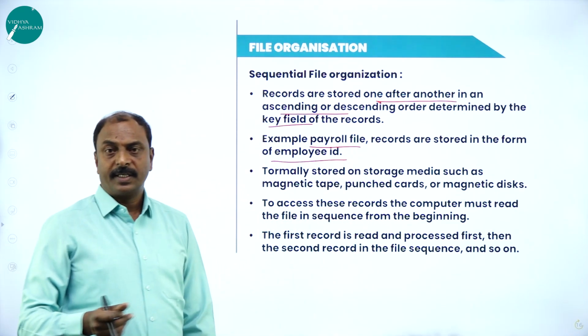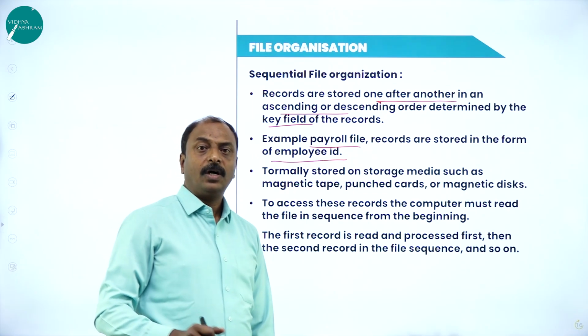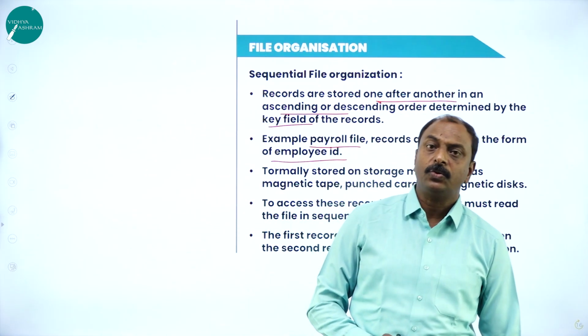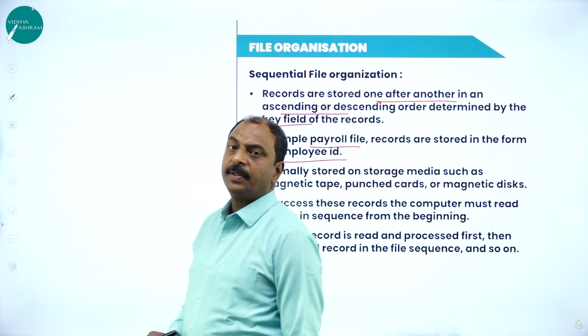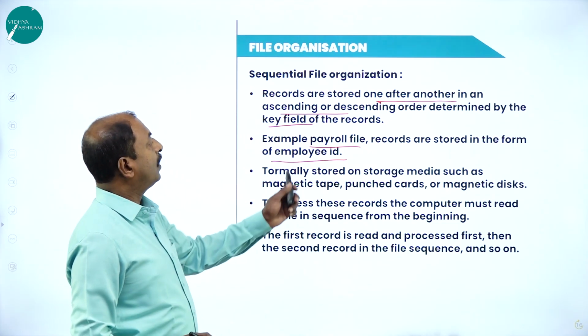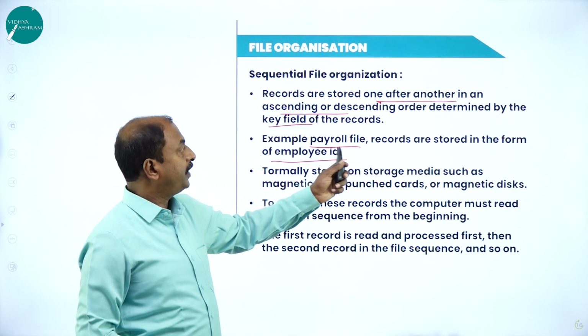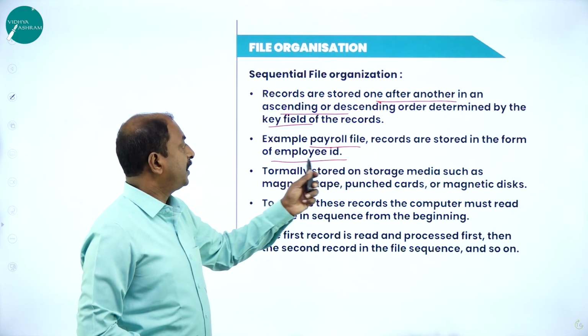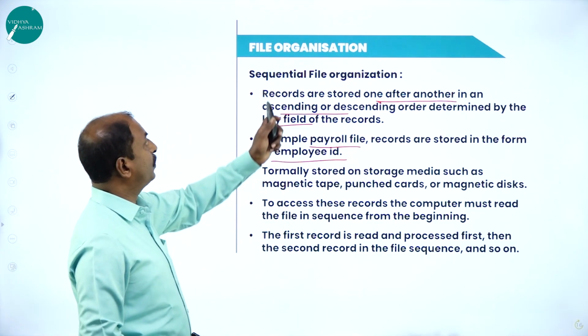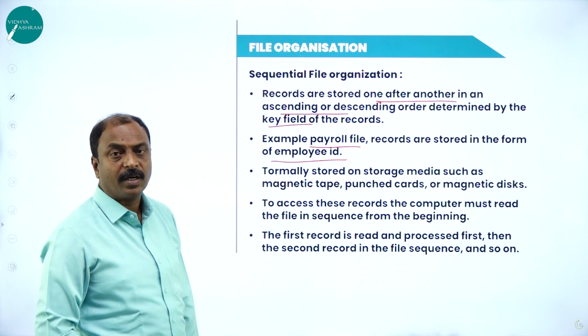In any organization, all the data are identified with a particular ID, that is, the employee ID. So in a payroll system all files are stored with respect to employee ID. That is a good example for serial file organization.